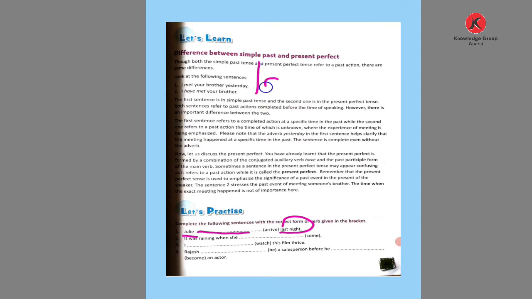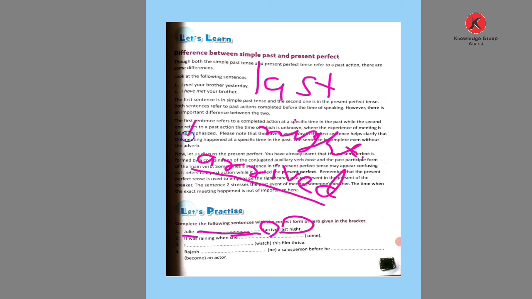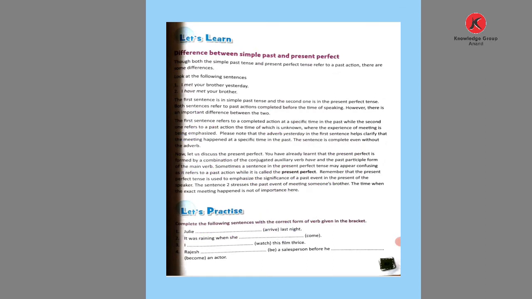Here the words last night are given, so the action was completed. This sentence is simple past tense, so the verb arrive only takes D. The answer of the first blank is arrived.